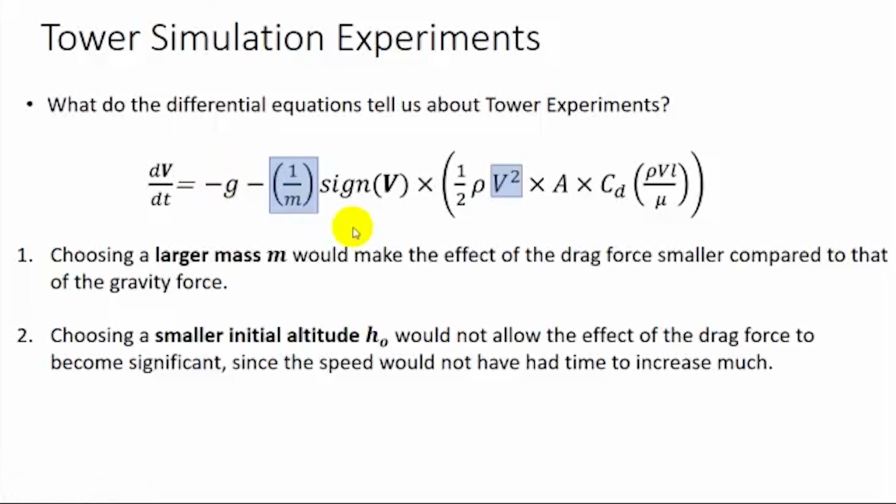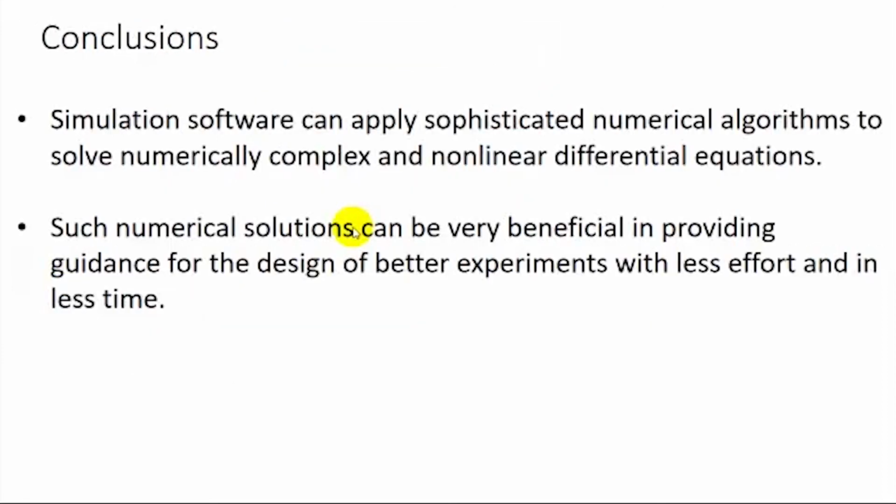So we see that both the equation and the simulation model can give a good interpretation into why an experiment would be more successful in removing the influence of the aerodynamic resistance on the gravity force.